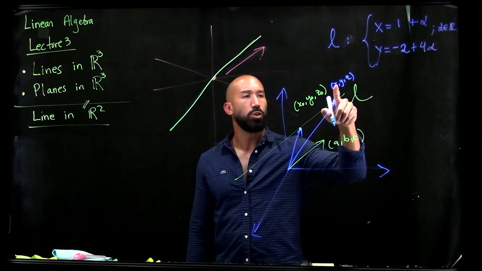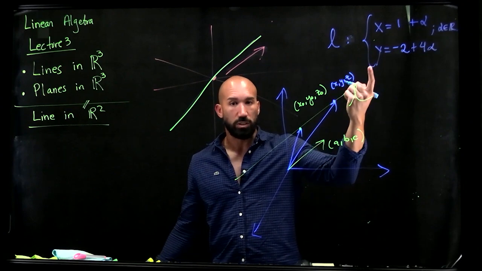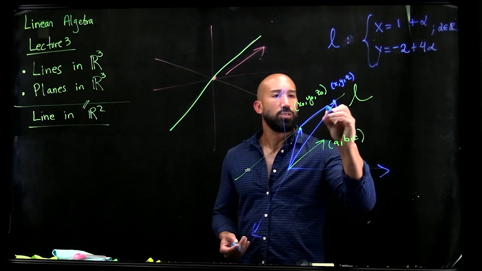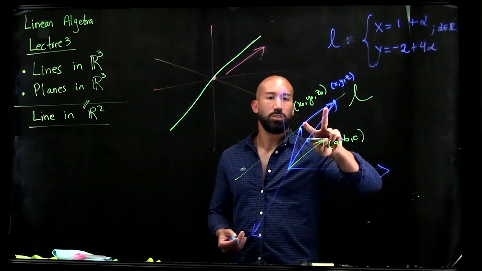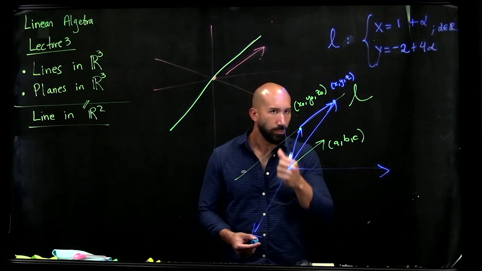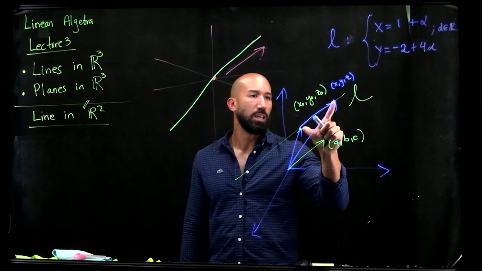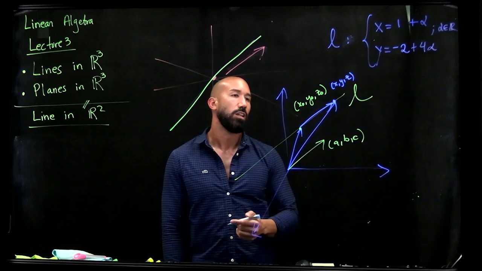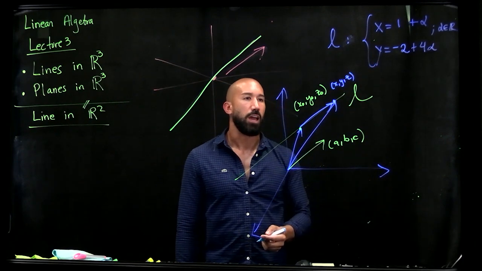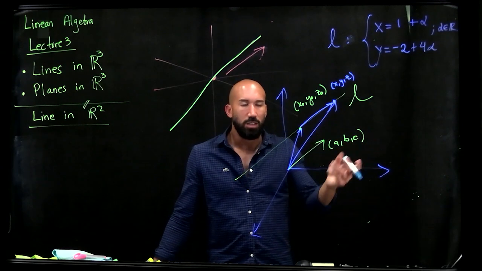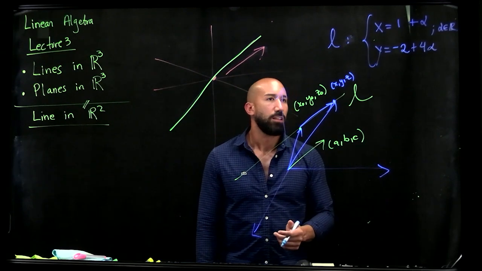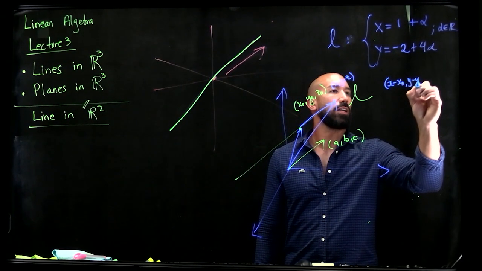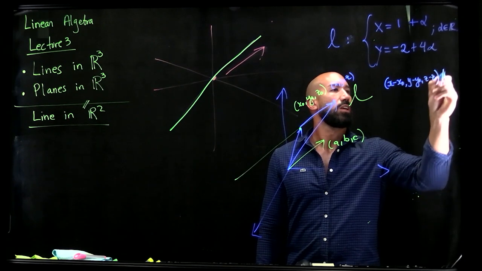From the origin to the point X, Y, Z, we have a vector with exactly the same components, and we know that the subtraction of these two vectors is parallel to the segment of line connecting these two points. That segment is a part of L, so obviously it's going to be parallel to L. Is that okay? So again, we have that X minus X0, Y minus Y0, Z minus Z0 is parallel to L.